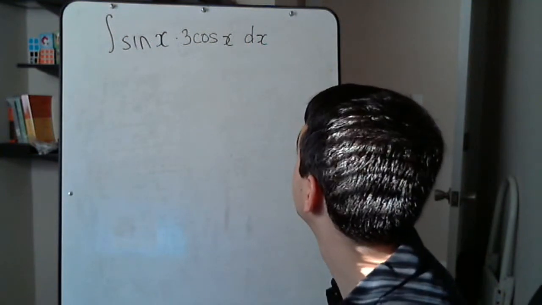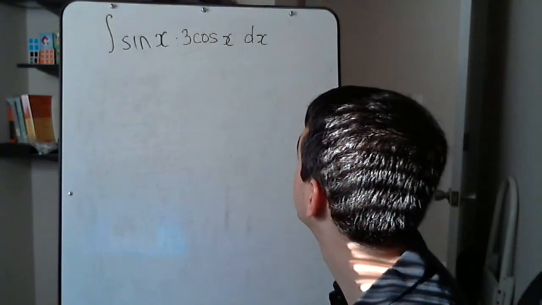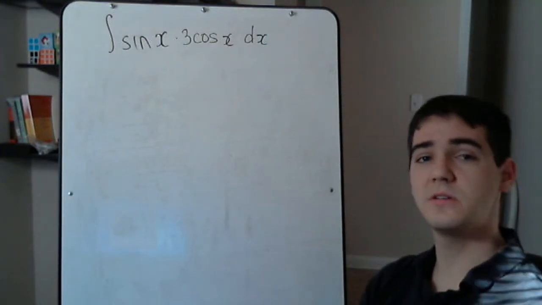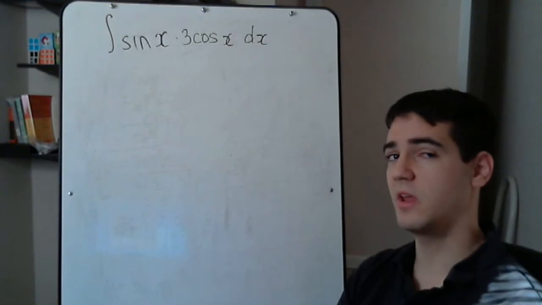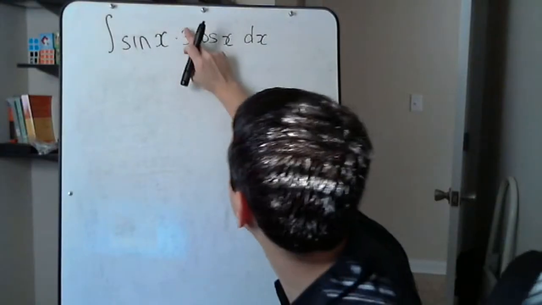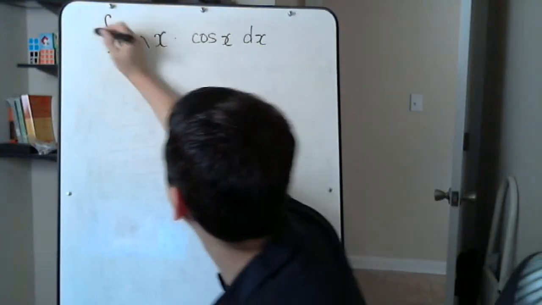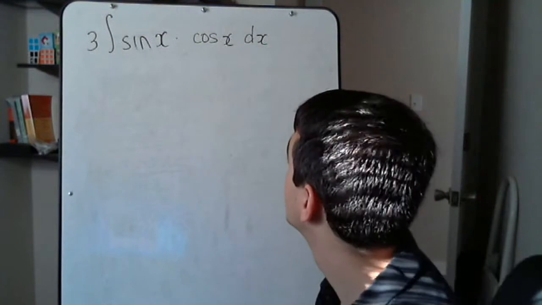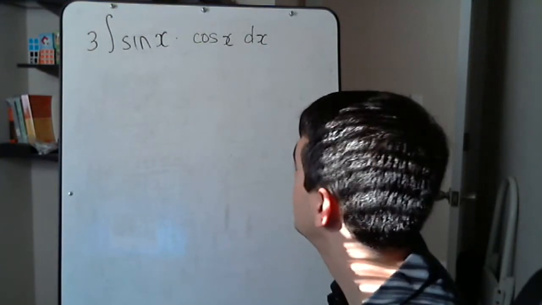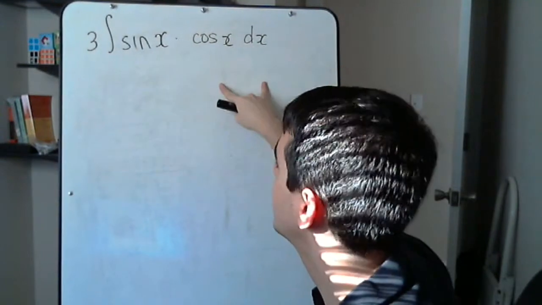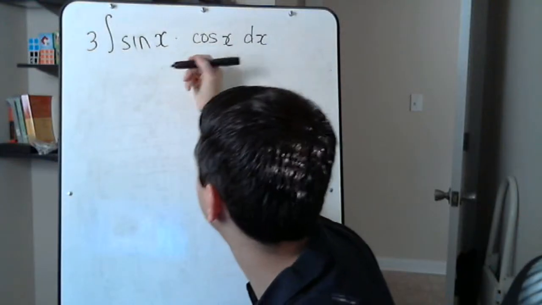So what we're going to do now, remember, multiplication is commutative, so we can put it in any order we want. So first we can just go ahead and put this 3 out front. Now, if you remember, when we said that the first half was u and the second half is du, I'll put it in general form.